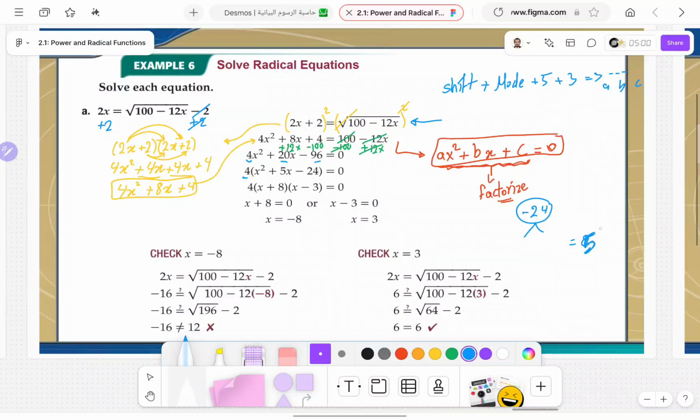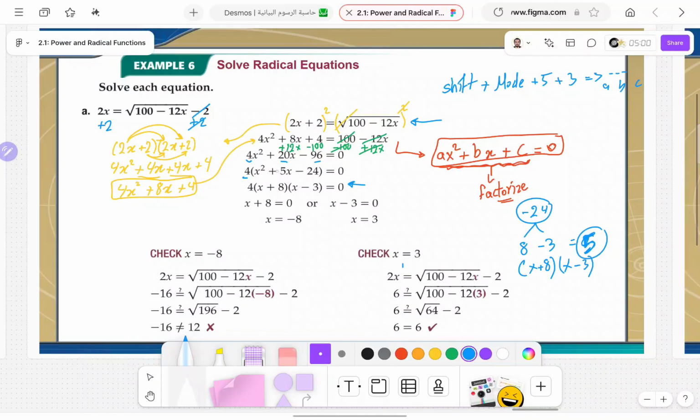What are two factors of negative 24 that give me 5? As you can see, 8 and -3 will give me 5. So the first factor is x plus 8 and the second is x minus 3. This is what you can see here.